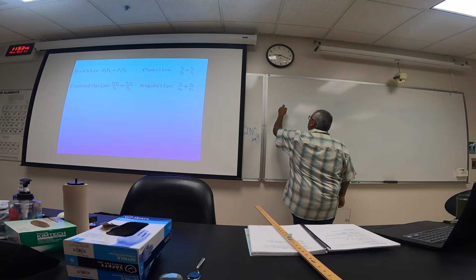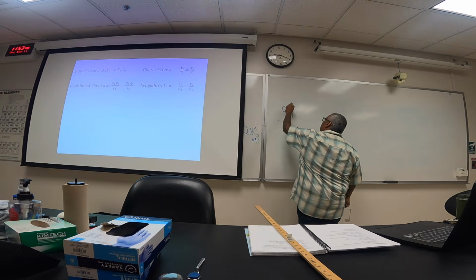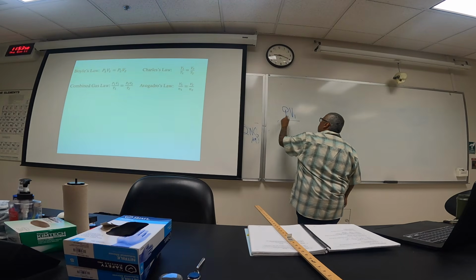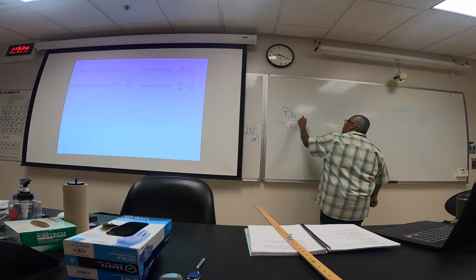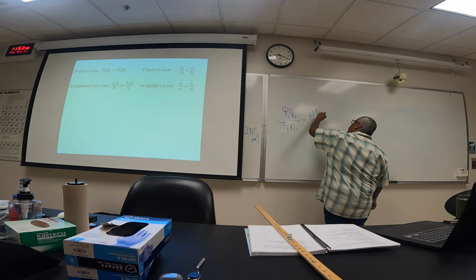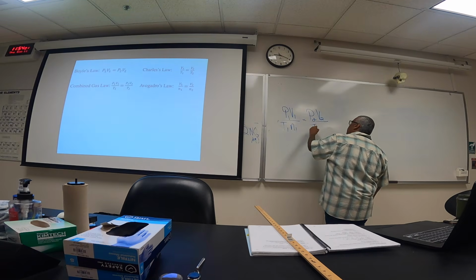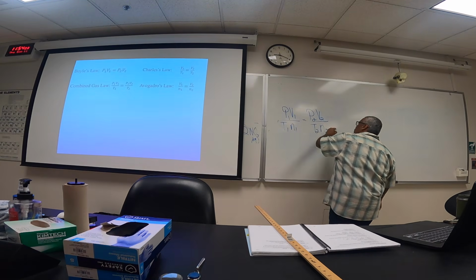I prefer just using one. This is the one that I use here: P1 V1 over T1 N1 is equal to P2 V2 over T2 N2.